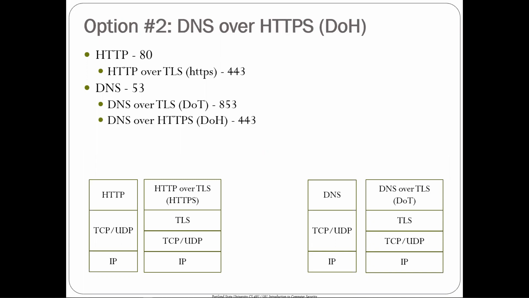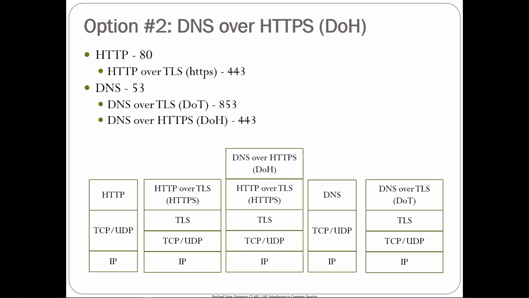Option number 2 is DNS over HTTPS. What DNS over HTTPS does is that rather than do the thing on the right, you would instead run DNS lookups over HTTPS directly. And then HTTP is over TLS, and so on.